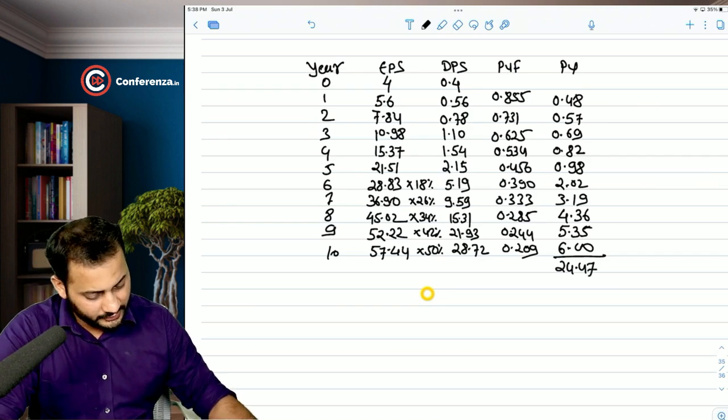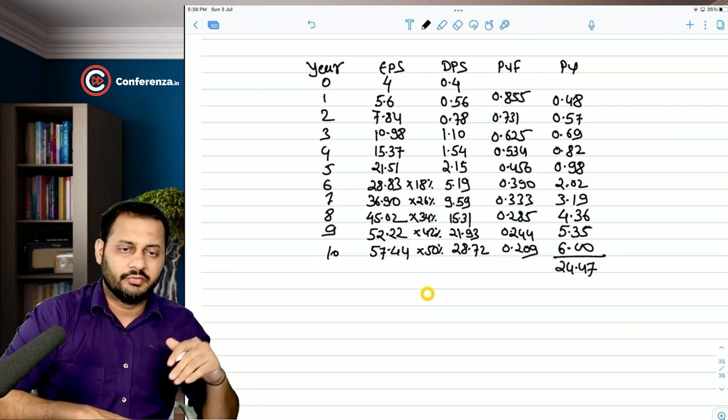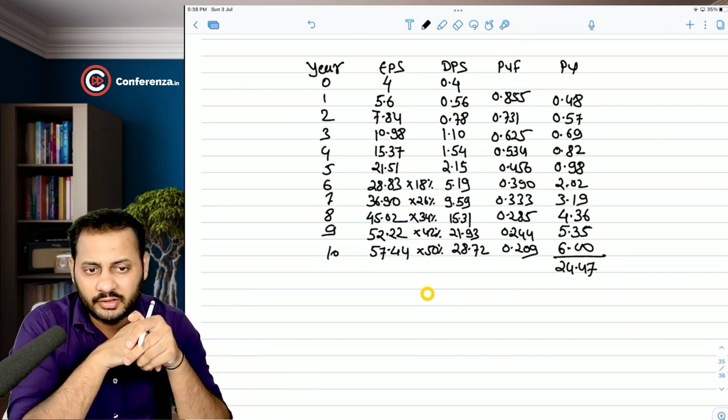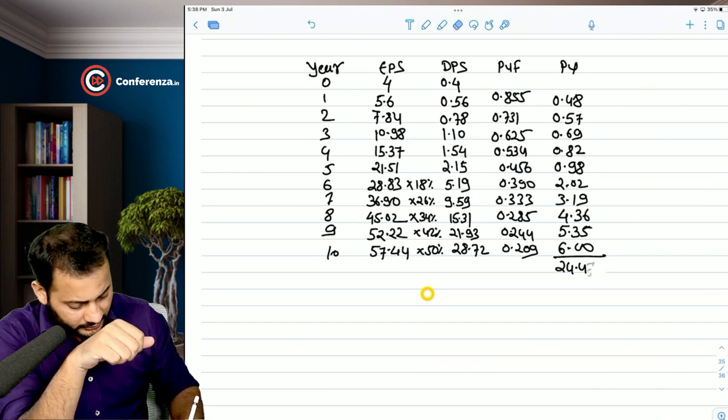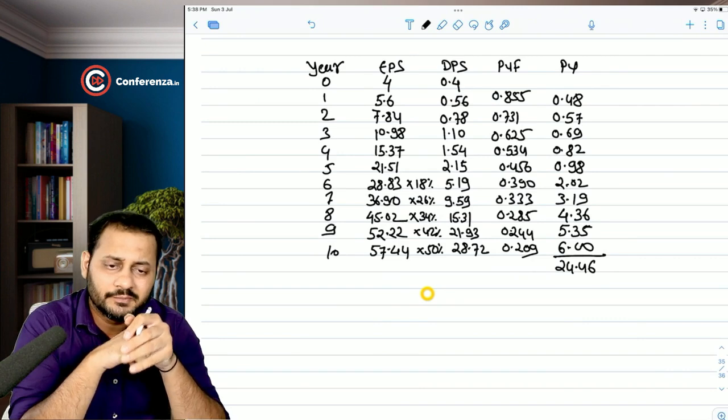Let me do it once again to cross check. Yeah, 24.46 is the total if we do this. Otherwise on the calculator it is 24.47. Let me make it 24.46 for the sake of understanding.